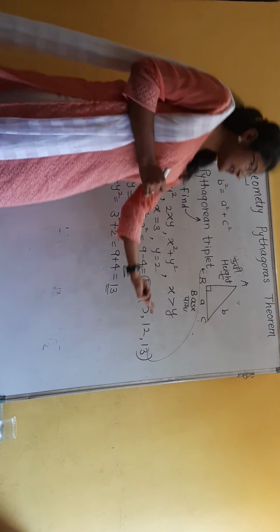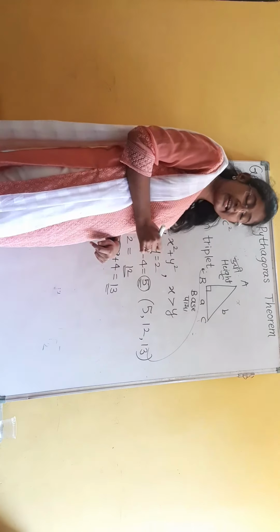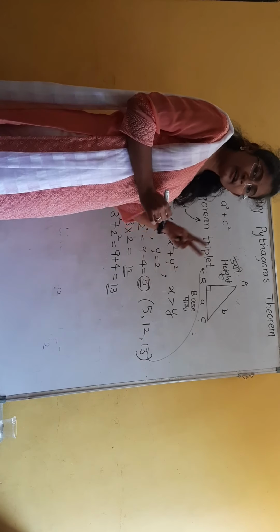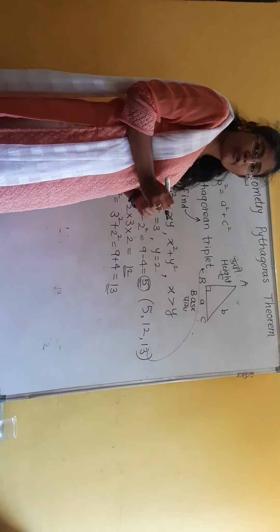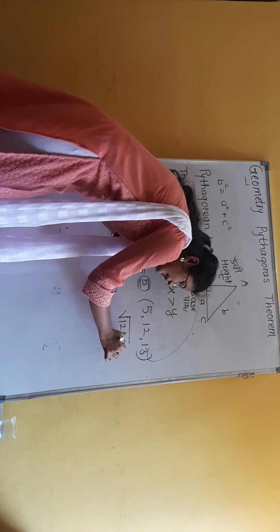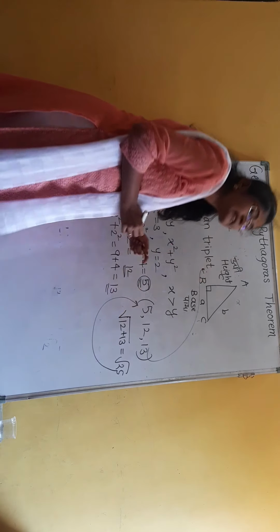Here also the two numbers, 12 and 13, are consecutive numbers. Then we can add the greater numbers and take the square root of their sum, that is 12 plus 13, 25. Square root of 25 is 5.